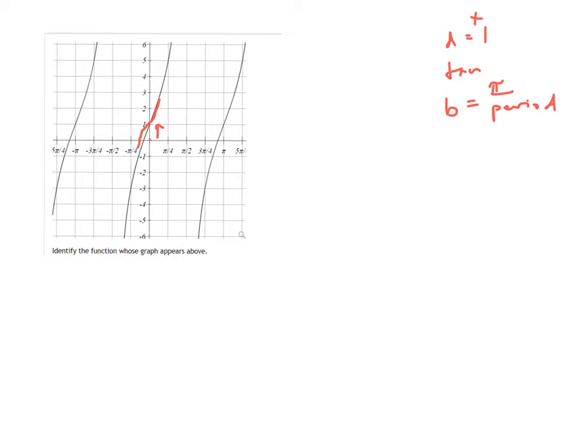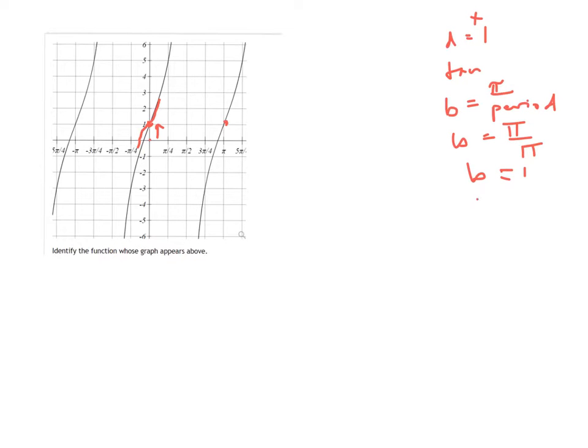So what is the period for this graph? If I look from this point to this point, I can see it goes from 0 to pi. So the period for this graph is pi. So B is equal to pi over pi, which is just 1. So the B for this graph is 1.